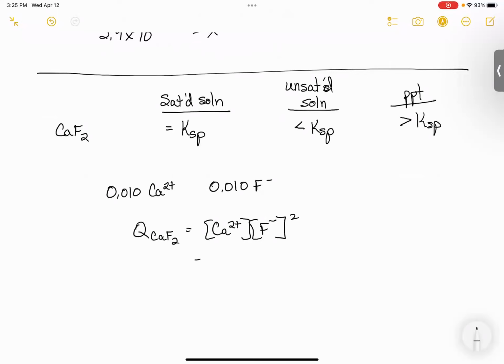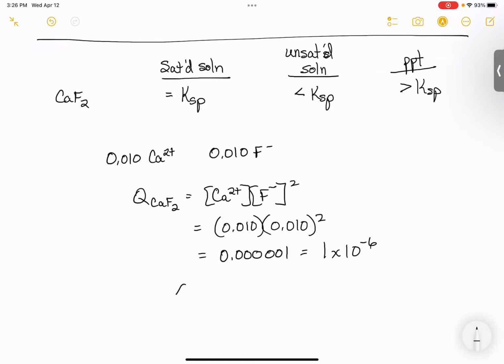When you plug in 0.010 times 0.010 squared, you will get 0.000001, or in other words, 1 times 10 to the minus 6.